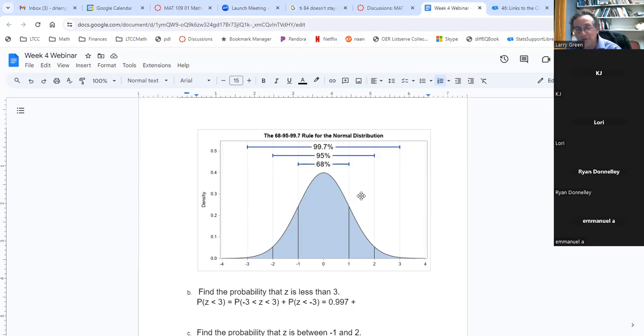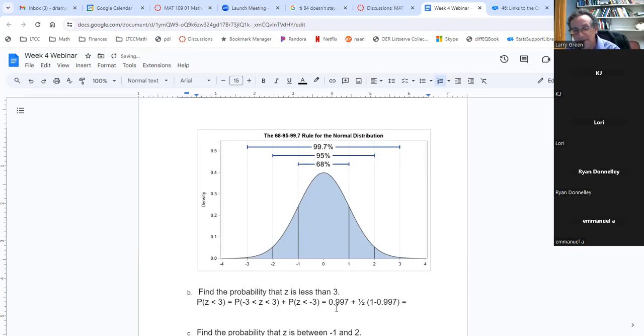Again, we can use the rule of complements to say to the left and to the right combined will be 1 minus 0.997. But we only want the left. And one great thing about the normal distribution is it's symmetrical. So the left will be half the combination of the left and the right. So we can do plus a half times 1 minus 0.997. Any questions on that?